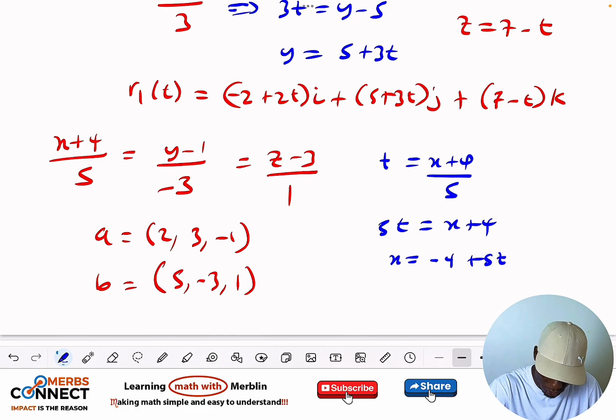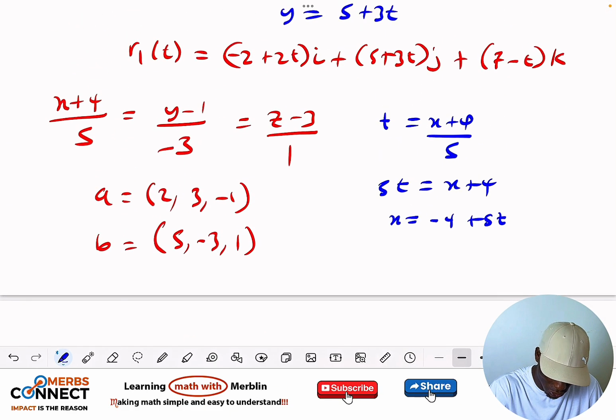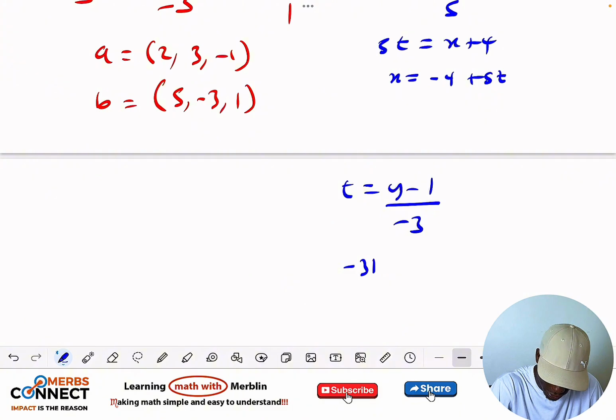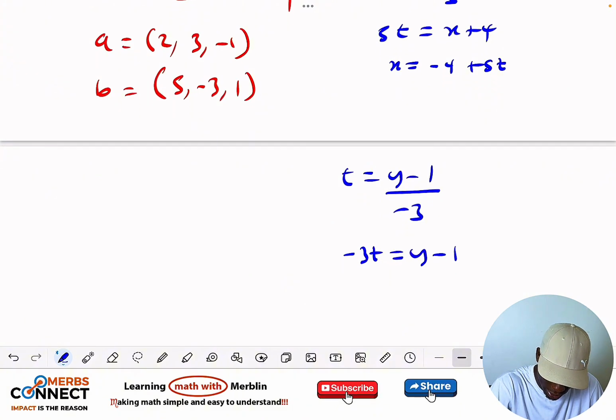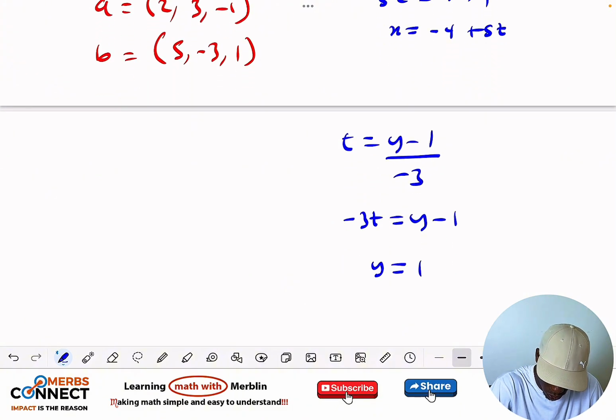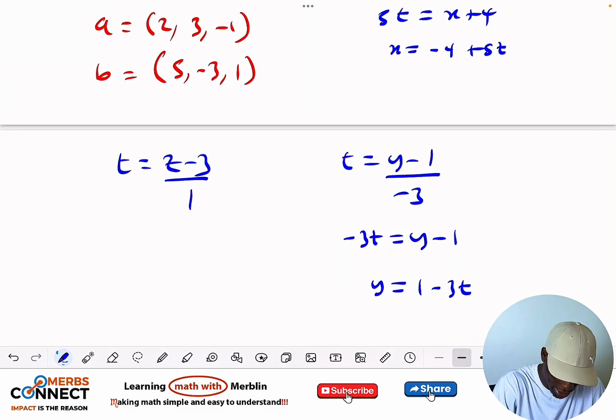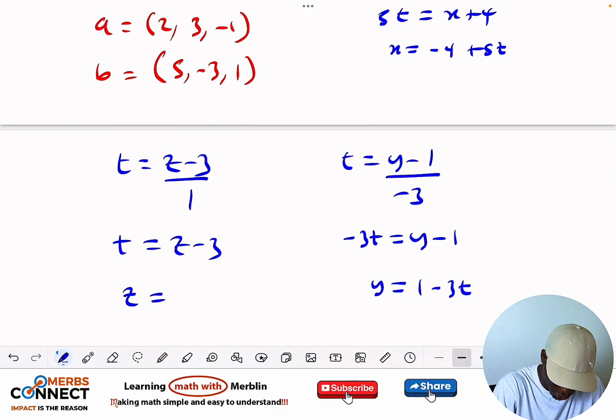And then the next one, which is y, t is equal to y minus 1 over minus 3, and then minus 3t is equal to y minus 1, and then y will be equal to 1 minus 3t. Last one is z, t is equal to z minus 3 over 1, and then t is equal to z minus 3, and z is equal to 3 plus t.